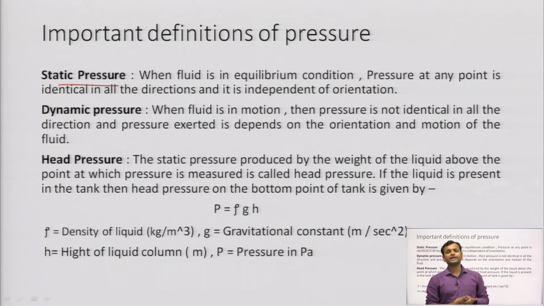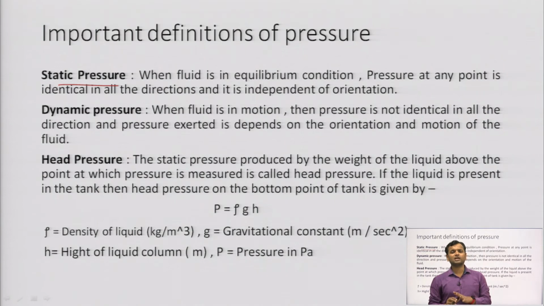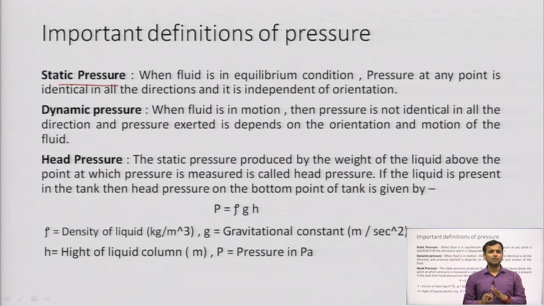In static pressure, we considered the fluid in a stable position or equilibrium condition, but for dynamic pressure there is motion in the fluid, so the pressure in all directions is not identical. The orientation matters, and the motion of the fluid causes the dynamic pressure, which is different in all directions.